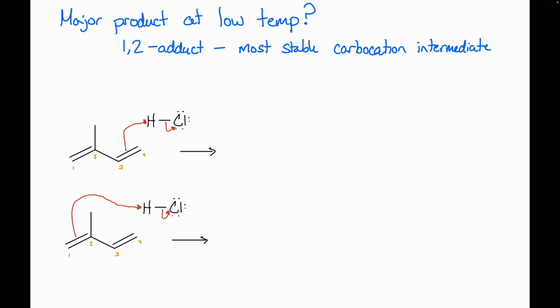All right, so we had that first double bond between carbons 1 and 2 react. The hydrogen would go on carbon 1, that carbocation on carbon 2.